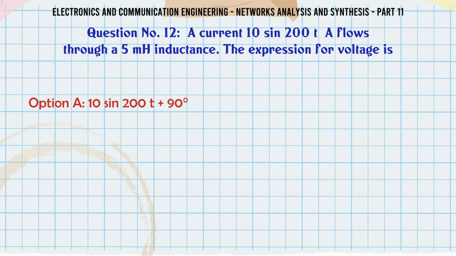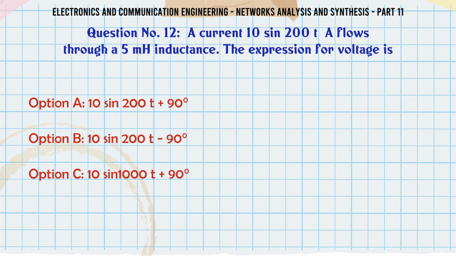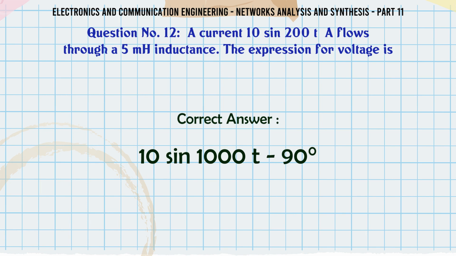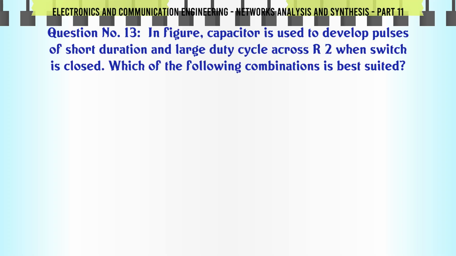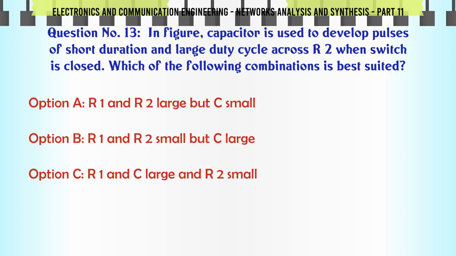A current 10 e^(-200t) A flows through a 5 mH inductance. The expression for voltage is A 10 e^(-200t) ∠90°, B 10 e^(-200t) ∠90°, C 10 e^(-1000t) ∠90°, D 10 e^(-1000t) ∠90°. The correct answer is 10 e^(-1000t) ∠90°. In the figure, a capacitor is used to develop pulses of short duration and large duty cycle across R2 when the switch is closed.